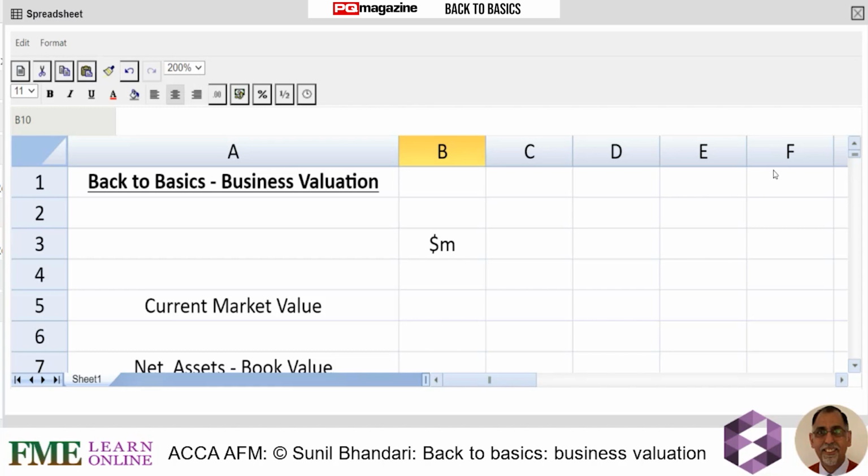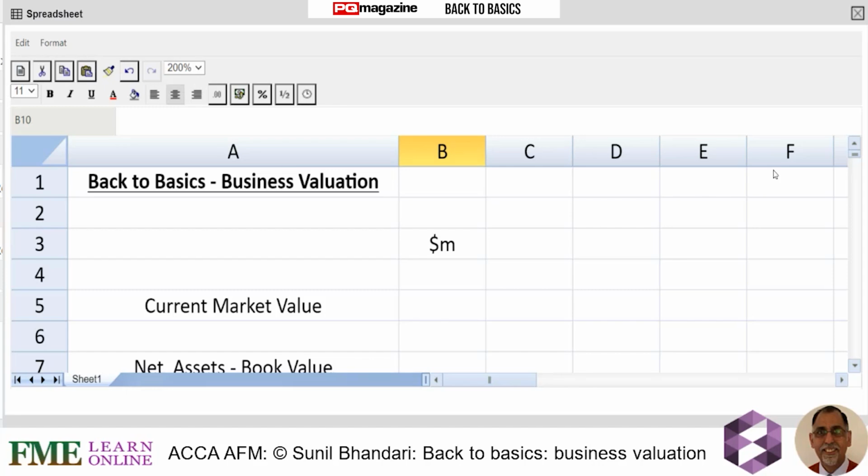This particular presentation is supported by, accompanied by the article that was published in the latest edition of the PQ magazine. Business valuations is a topic that is tested in ACCA financial management and goes even further in ACCA advanced financial management.